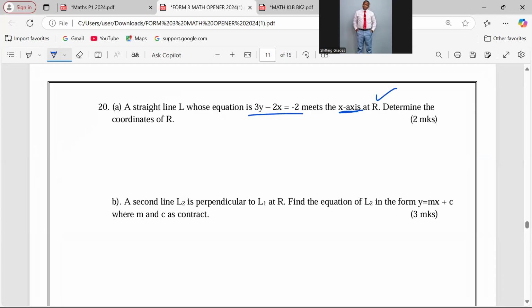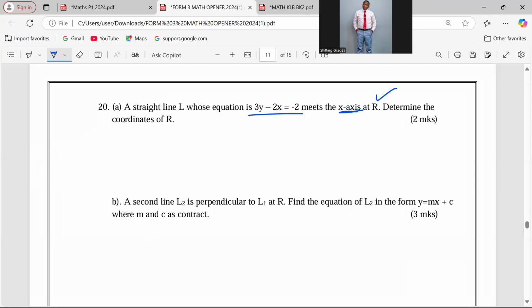Meeting the x-axis means the x-intercept, right? Therefore, what will be the x-intercept? The x-intercept is the value of x when y is 0, because along the x-axis, the value of y is 0.